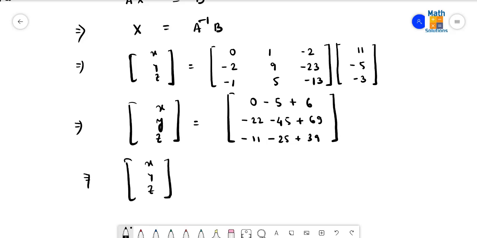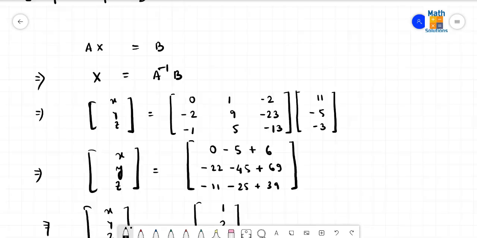Here it is 1, then 69 minus 45 plus 22, which is 67, so 69 minus 67 comes as 2. Then 25 plus 11 gives a negative sum of 36, so 39 minus 36 comes as 3. So we are getting x is equal to 1, y is equal to 2, z is equal to 3, and this is the required solution.